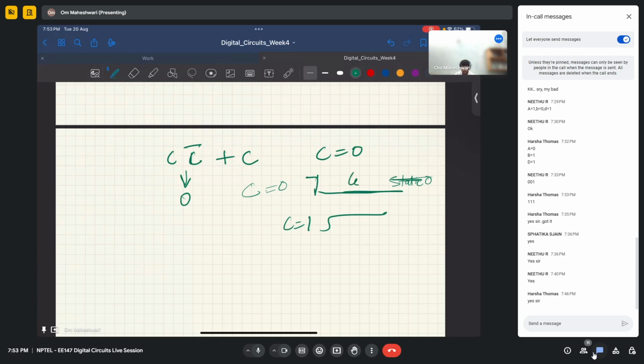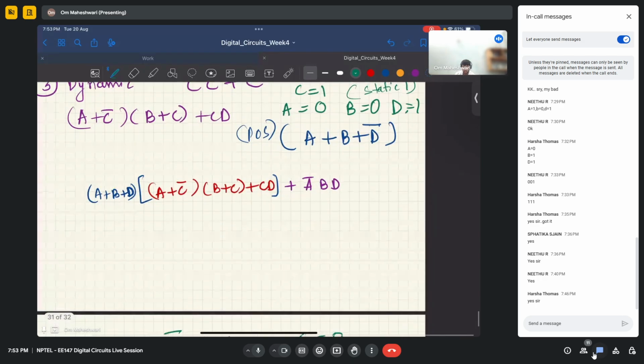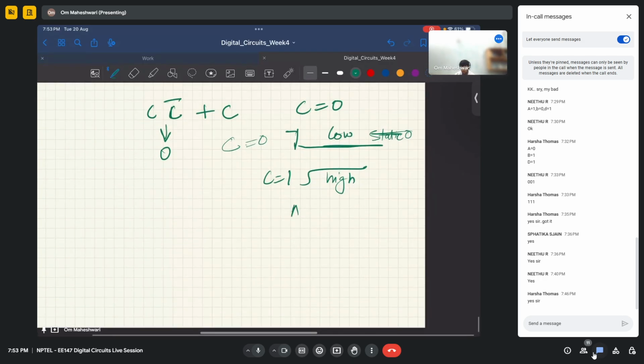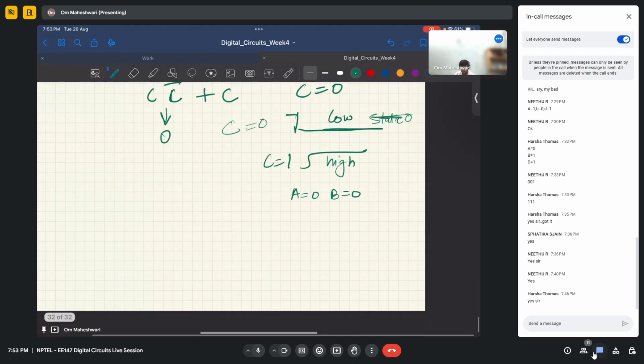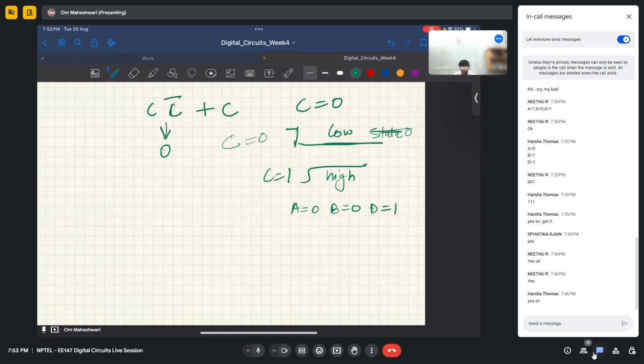So your condition is A equals 0, B equals 0, D equals 1. Then when this is the case, you are getting C, C bar plus C. So you need to add or multiply something to get the correct result.